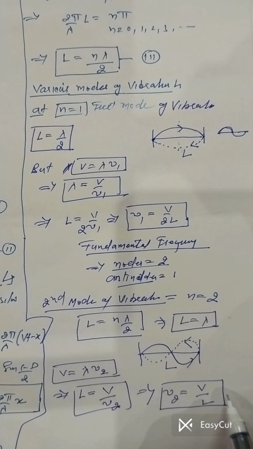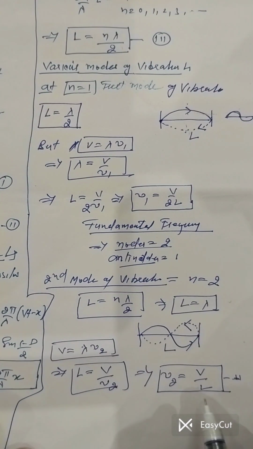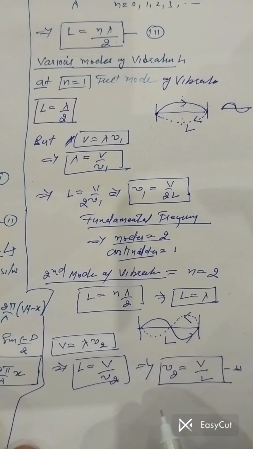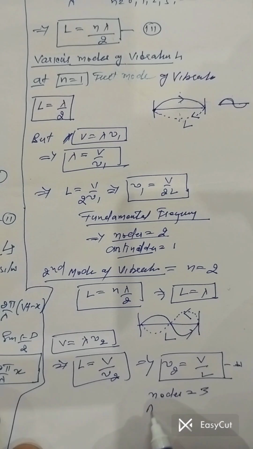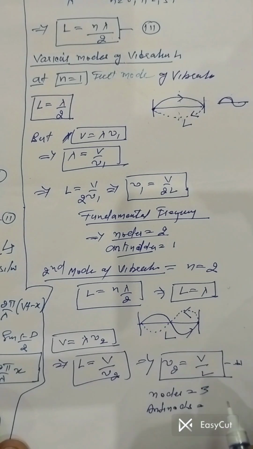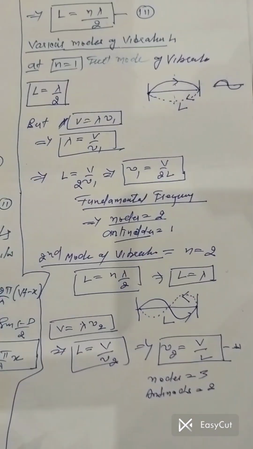So now this is the second mode of vibration, and it is clear that now it consists of how many nodes? Nodes are 1, 2, 3 and antinodes equal to 1 and 2. There are 2. Okay. So this is the second mode of vibration.